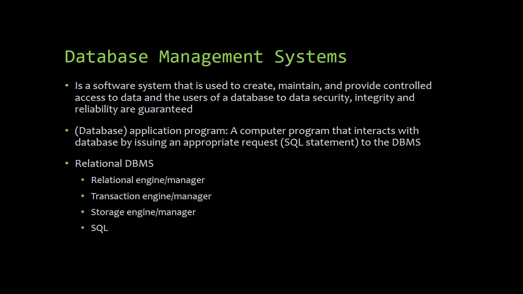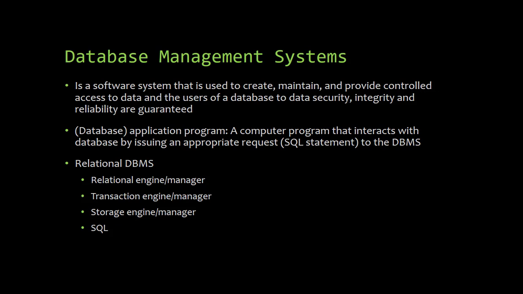Well, we need a system to be able to manage all of this data for us. And that's where we get into a database management system. Makes sense, right? And we have different types of database management systems, such as hierarchical databases or relational database management systems.